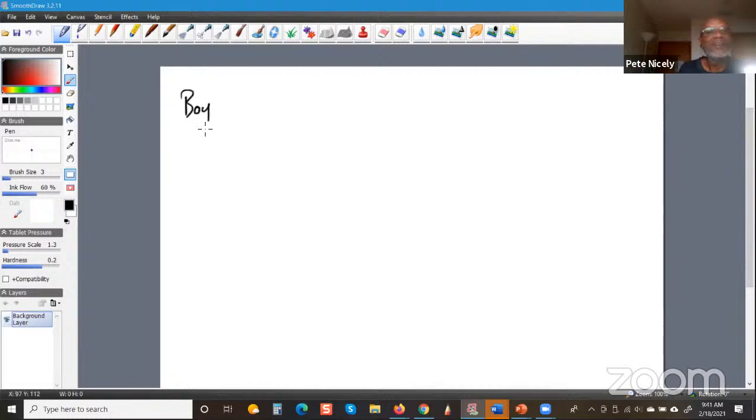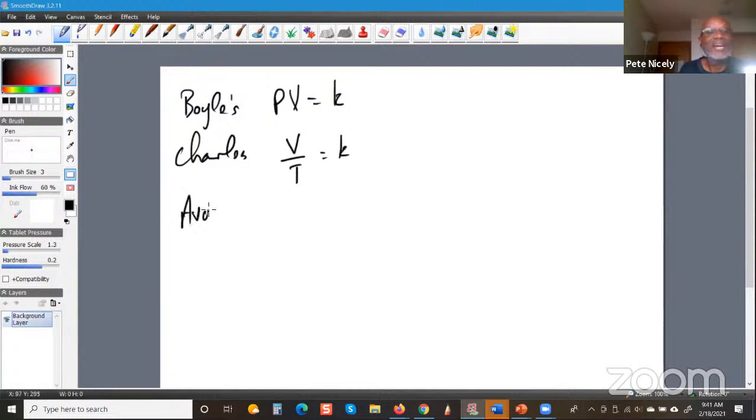Boyle's law, which is PV is equal to a constant. And then we have Charles' law, which is V over T is equal to a constant. And then Avogadro's law, which is V over n equals a constant.